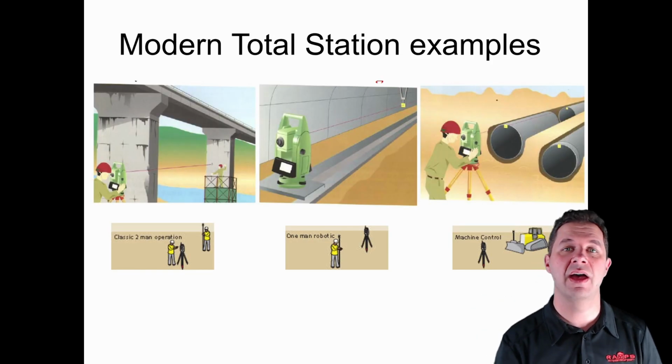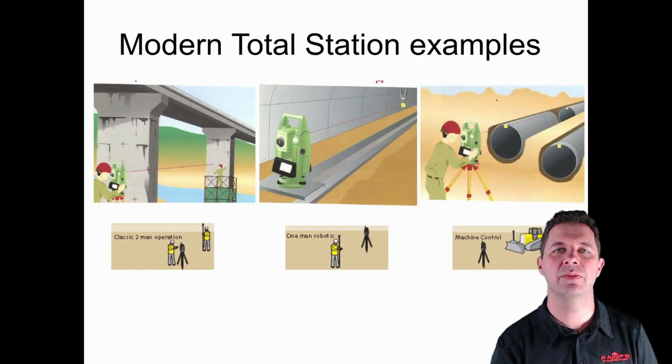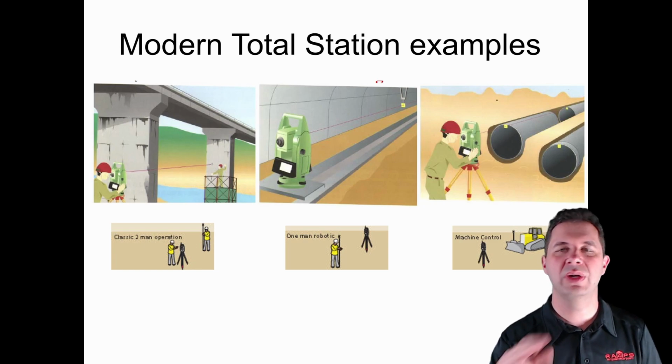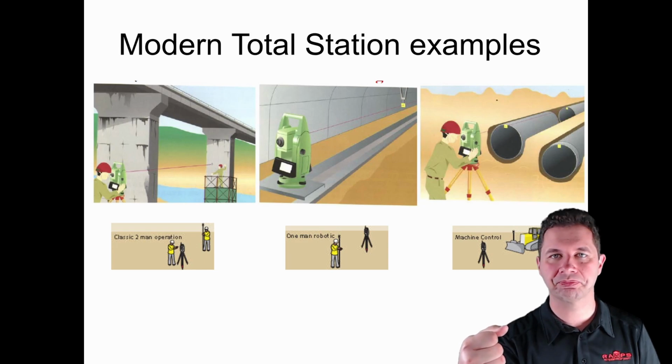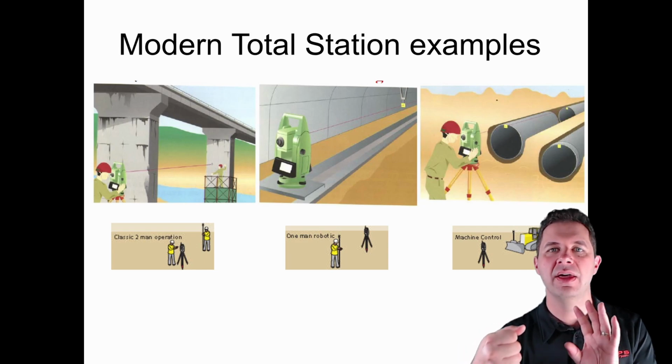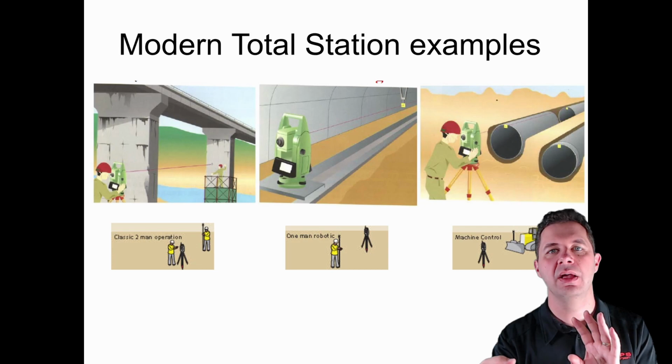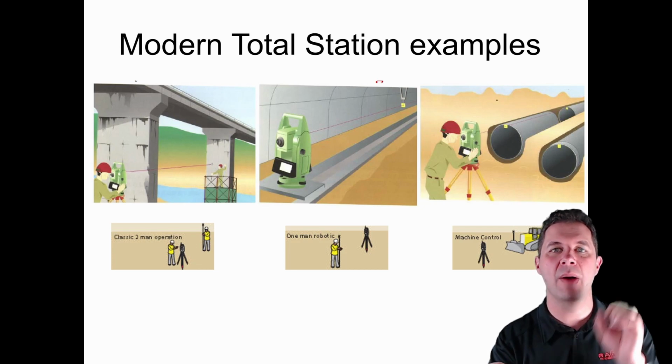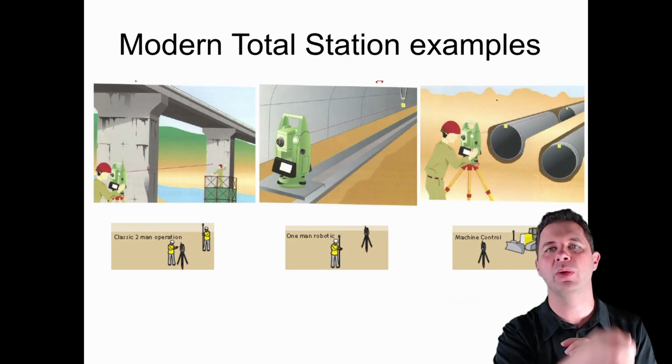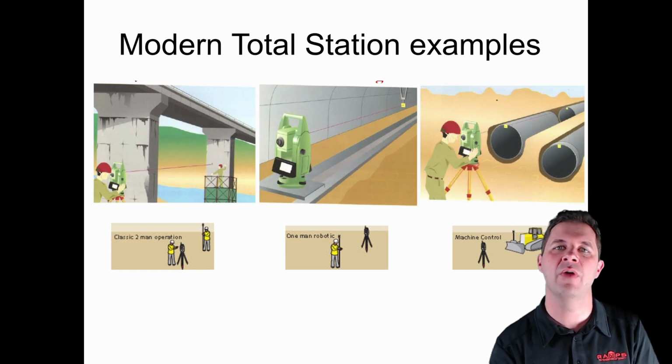This diagram shows a few different application ways that this can be used. For example, looking at a control point that someone's holding on something. And so here you've got the classic two-person total station setup, where one person's using the total station and one person's holding control points at various points within the environment.